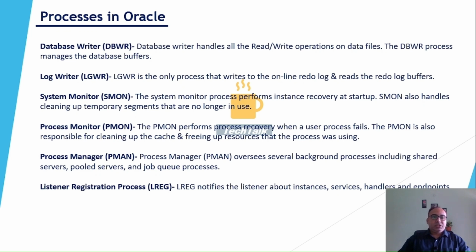Then the listener registration process. As we talked about earlier, the listener receives requests from the client process and shares the information with the server process in order to take it forward. This process notifies the listener about instances, services and endpoints.